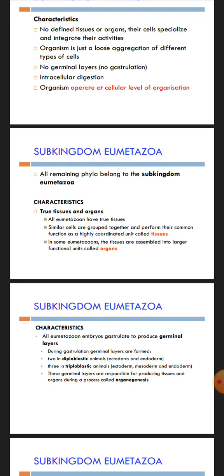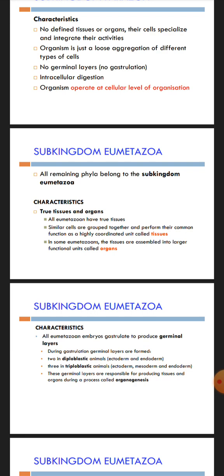The characteristics of all these Eumetazoa are the characteristics of all animals. When you're doing Standard 4 and are asked what the characteristics of animals are, you will say that animals have true tissues. Again, this is what you will say. You say animals undergo gastrulation. These are the points that you would say.